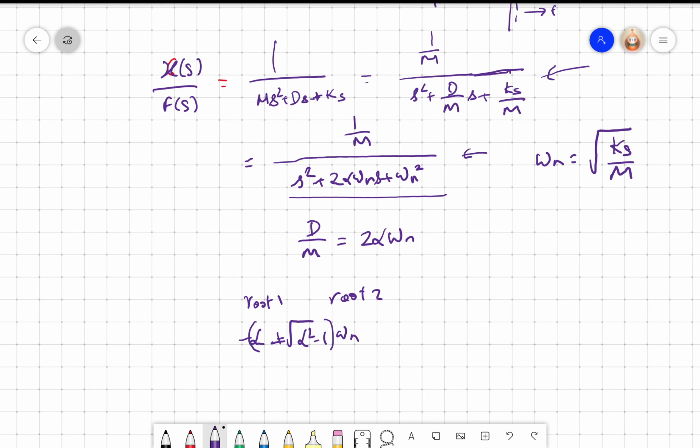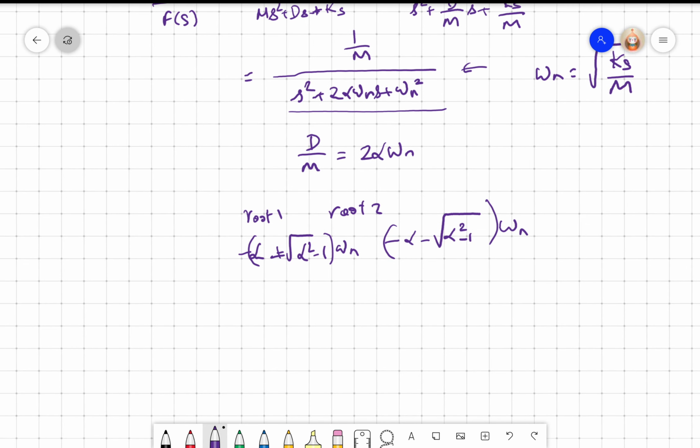That will be one root. The other root would be minus alpha minus square root of alpha square minus 1 into omega n, right?